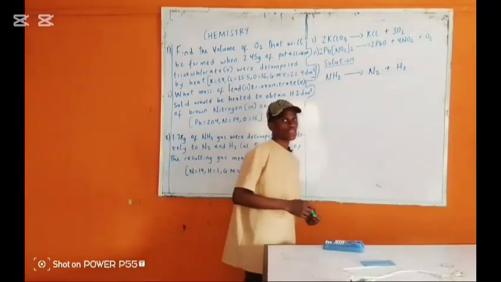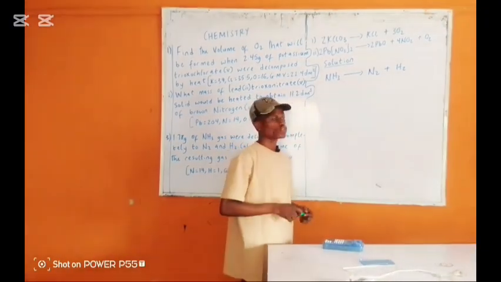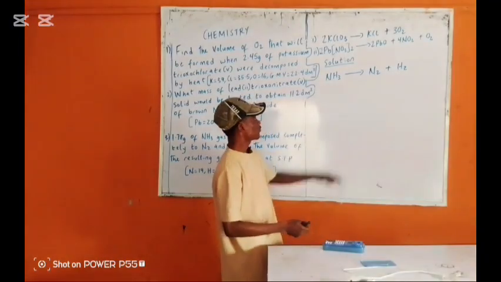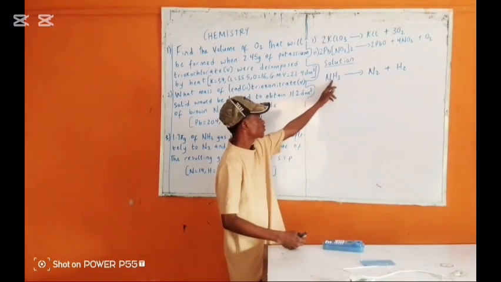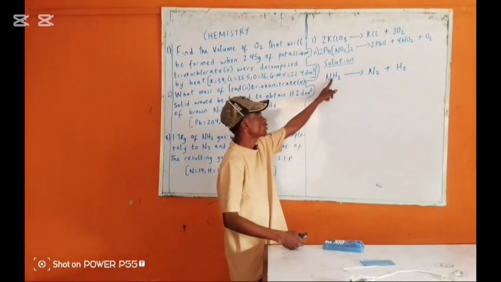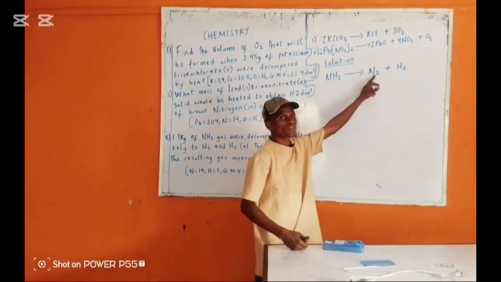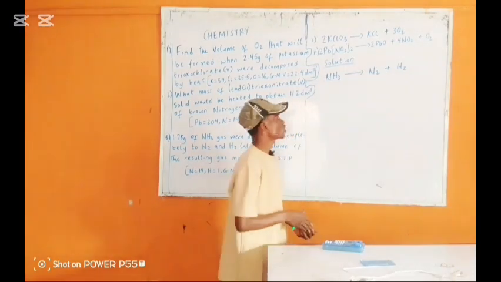So what's the next thing? Balance the equation. We have one nitrogen here, yes, there's an invisible one here, and we have 2 nitrogen here. So let's put 2 here.